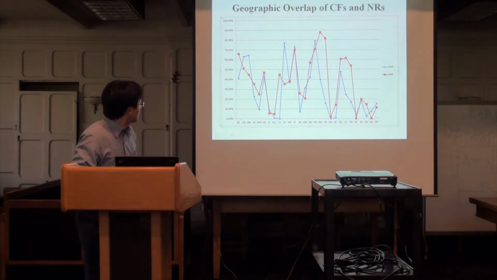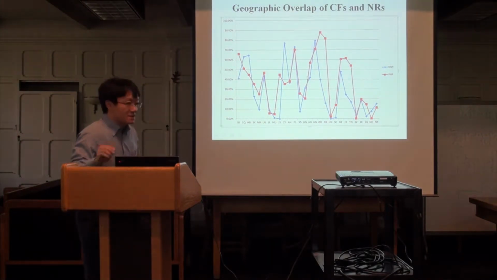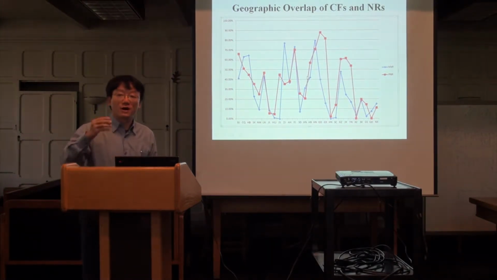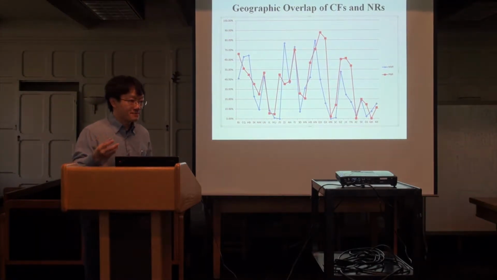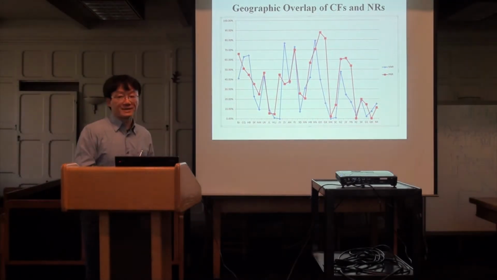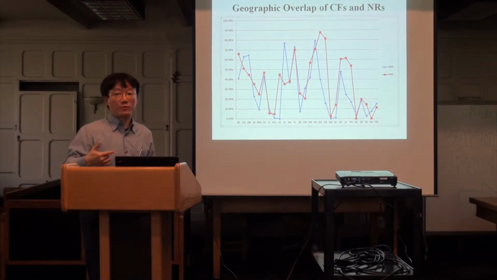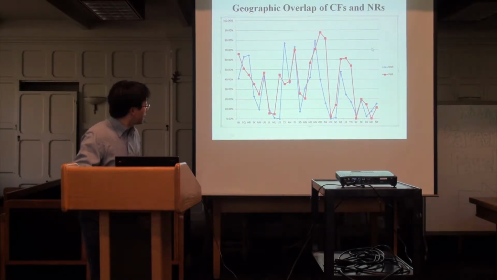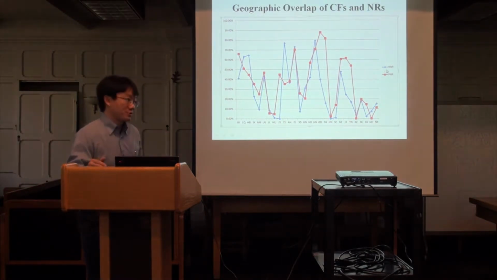This shows the ratio of nature reserves with collective forest within the reserve. The blue one means the national nature reserve.